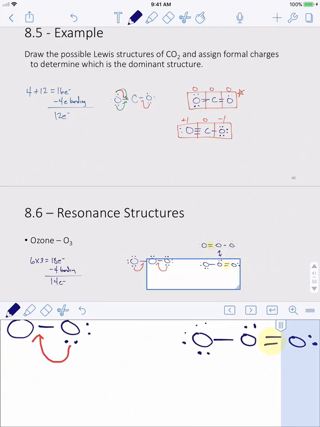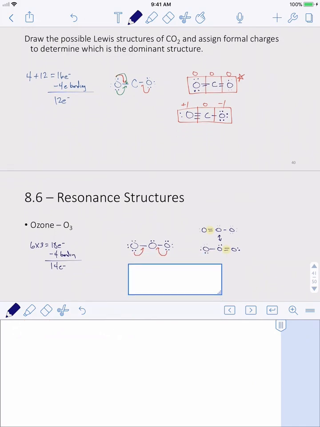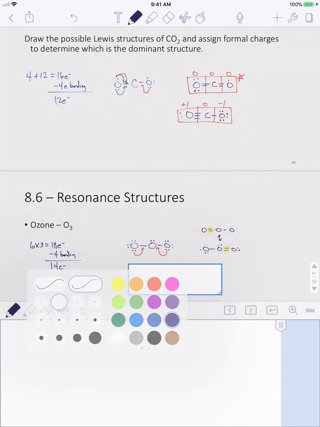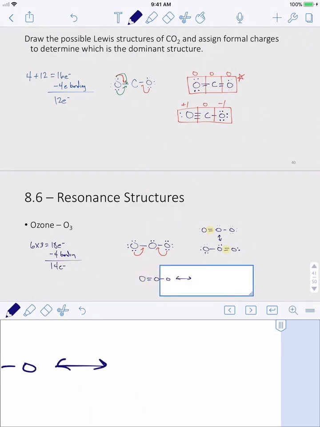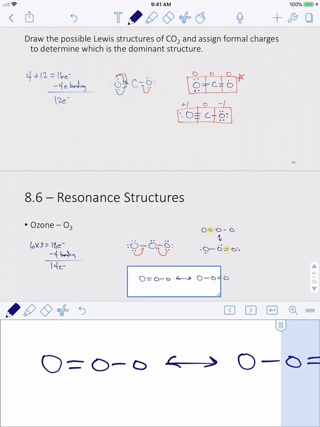And so typically, instead of stacking them on top of each other, we would draw it like this. And we would put our lone pairs in here, so oops, and I'm missing a pair here.